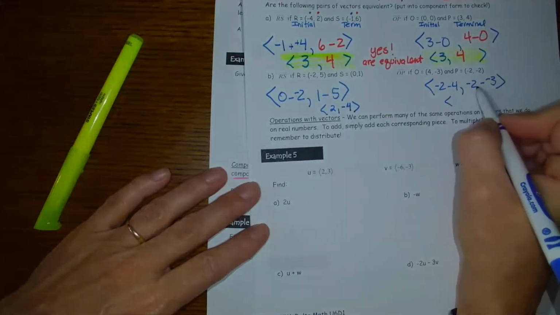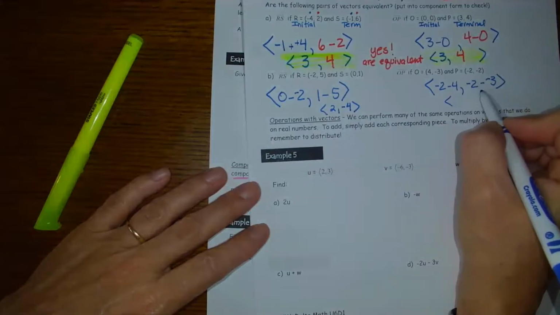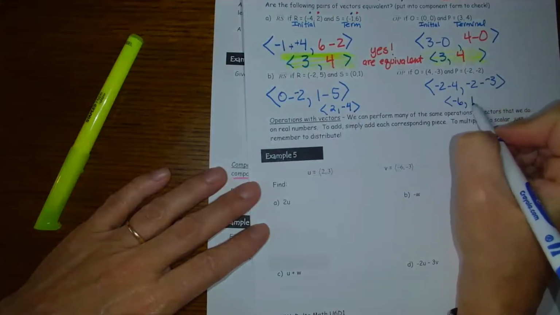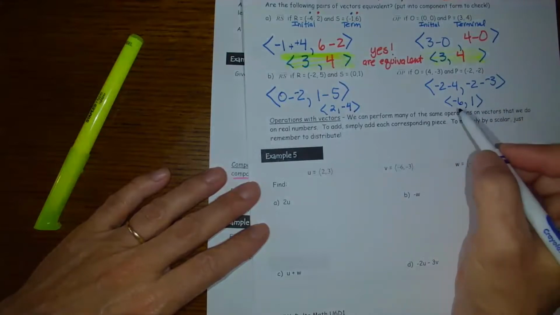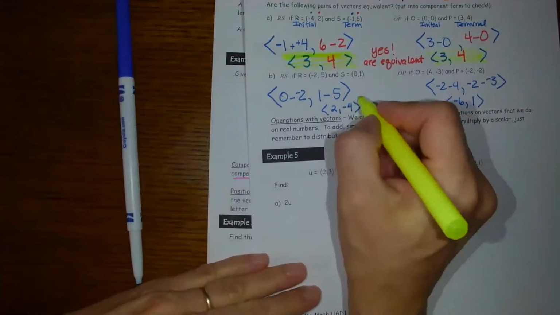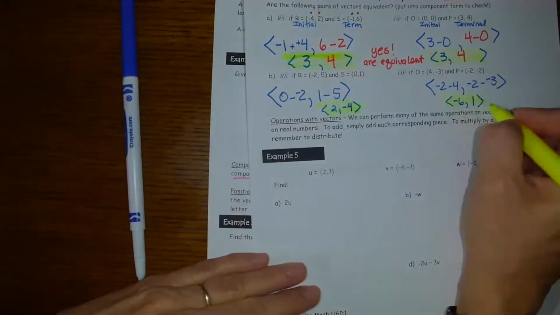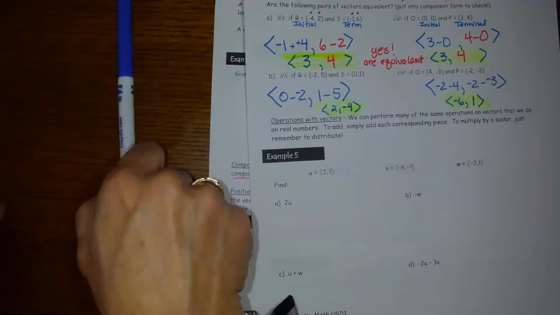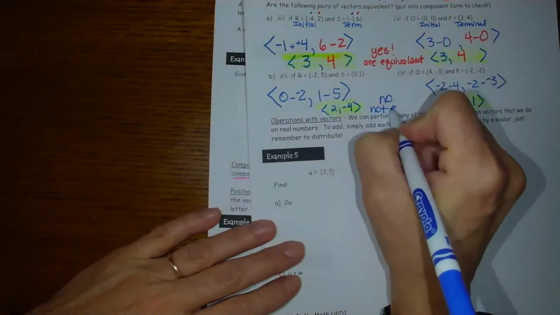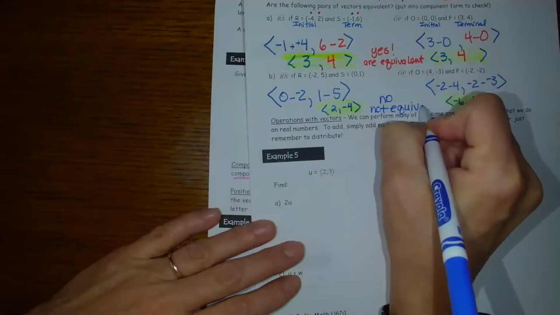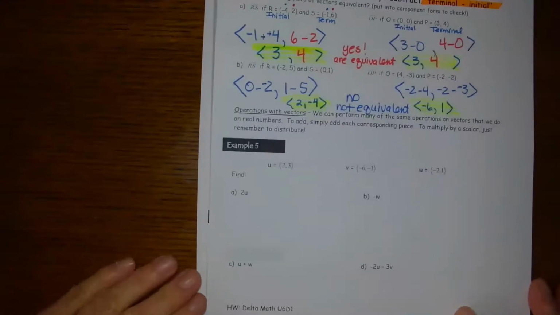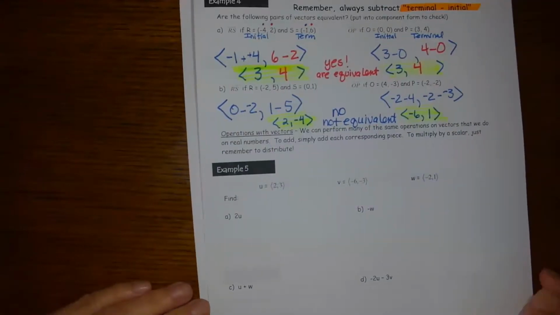And here we get -6, 1. Are these equivalent? Do these match? Are they the same? No. Any questions about that? That's pretty easy, right?